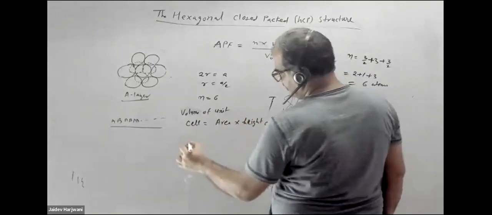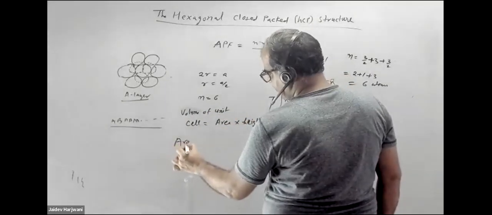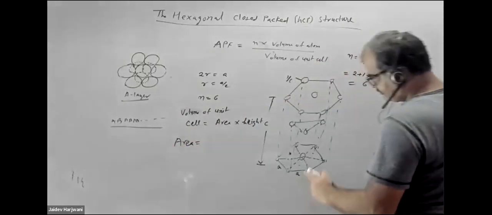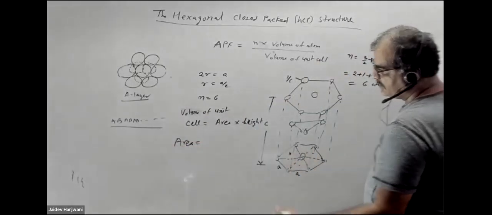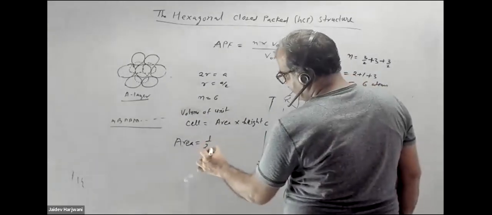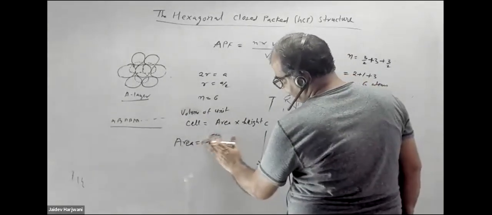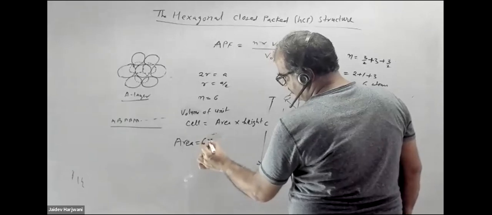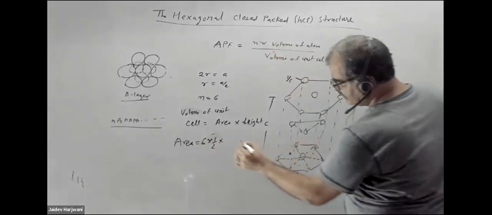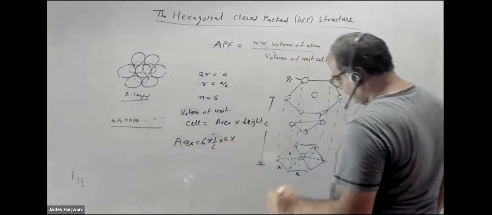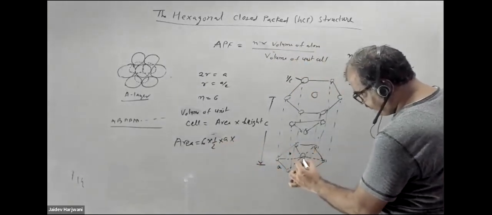Okay, so if I want to calculate the area, there are 6 equivalent triangles. So it will be 6 into half. The base is A, these atoms are touching. And I need to calculate this height.